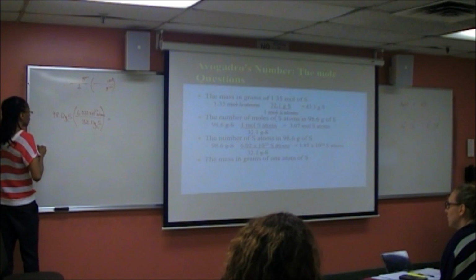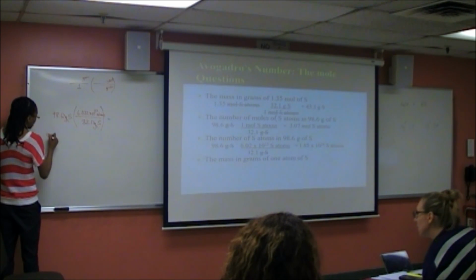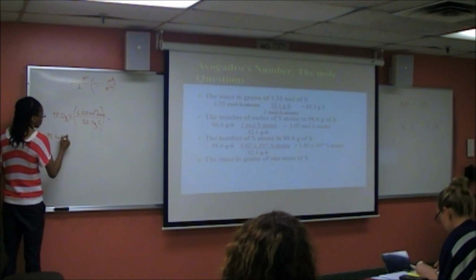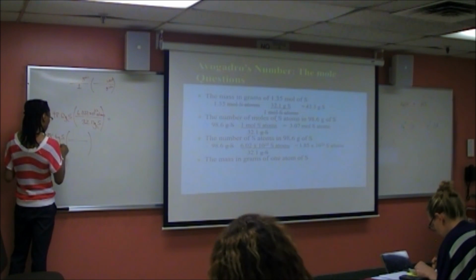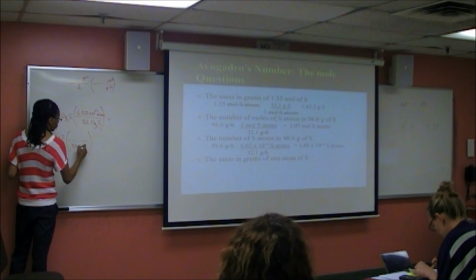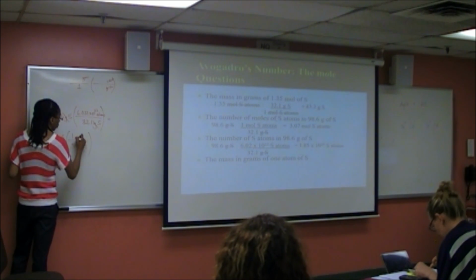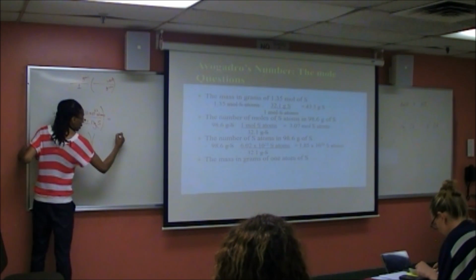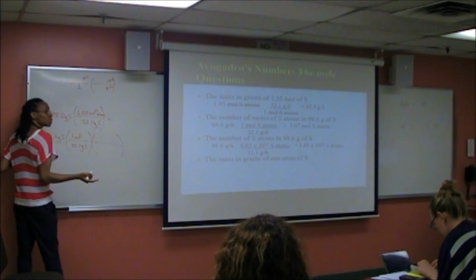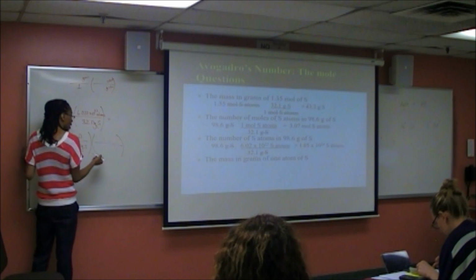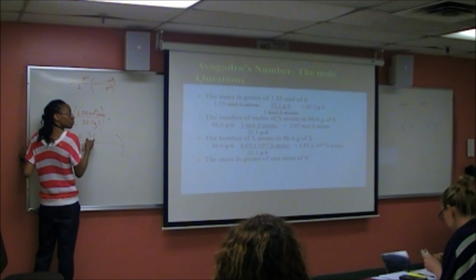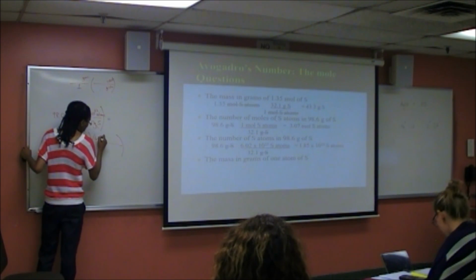So you can do it 2 ways. You have 98.6 grams of sulfur. First you convert that to moles, so 32.1 grams of sulfur, 1 mole. Now you need atoms. What do you use for atoms? Avogadro's number.